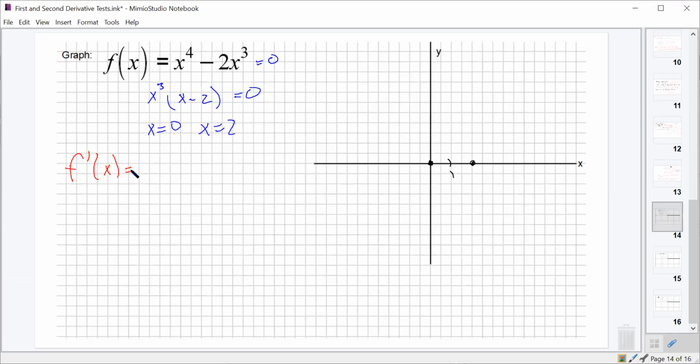So what's our first derivative here? 4x cubed minus 6x squared. All right. So real quickly, you guys factor that out and solve for when it equals 0 and when it's undefined.